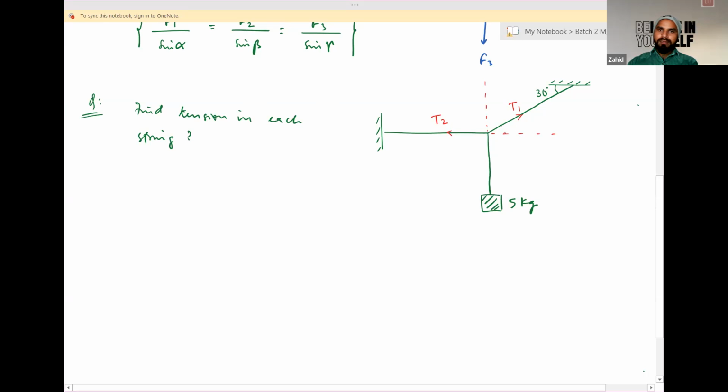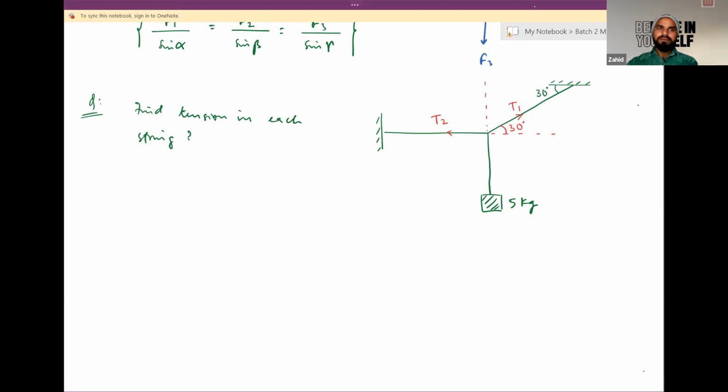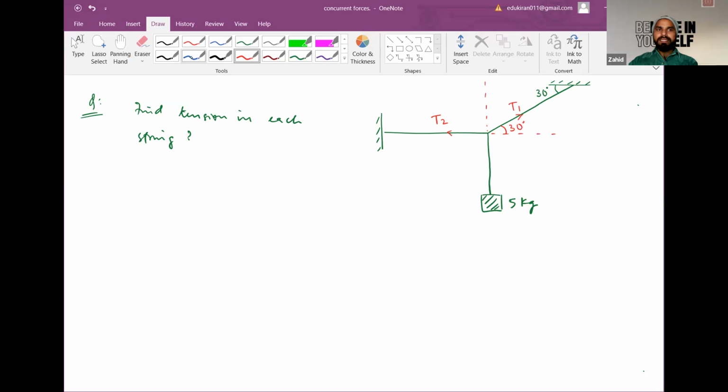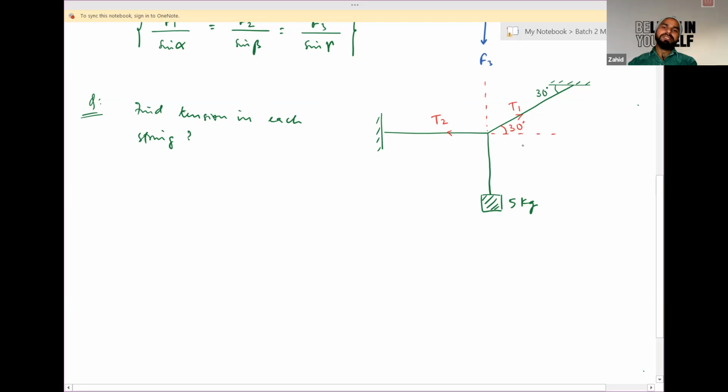So this angle, which is alternate of this particular angle, will be 30 degree. If you resolve the components of this T1 with respect to this theta, this horizontal component will be T1 times cos 30 degree, and this vertical component will be T1 times sine 30 degree.